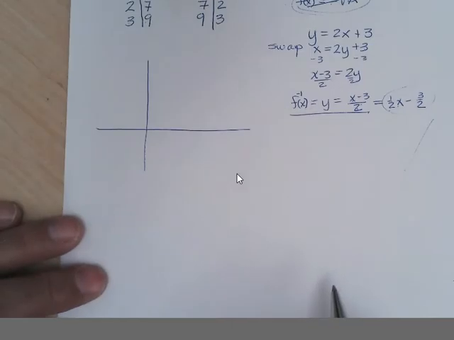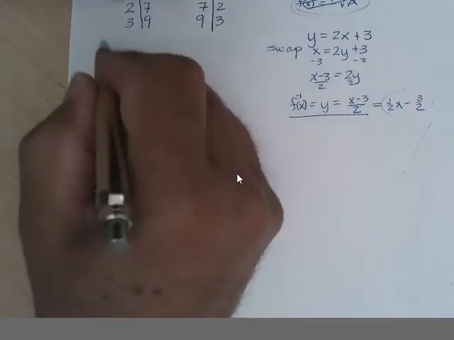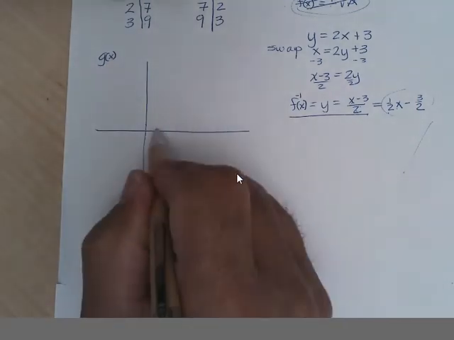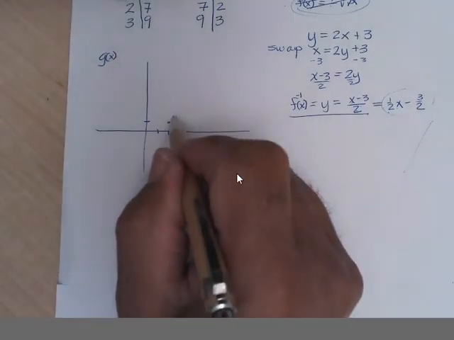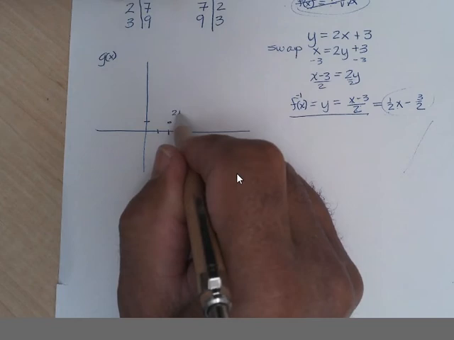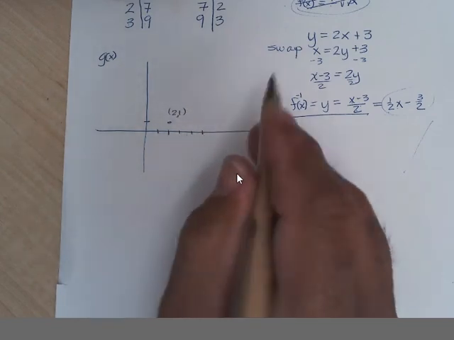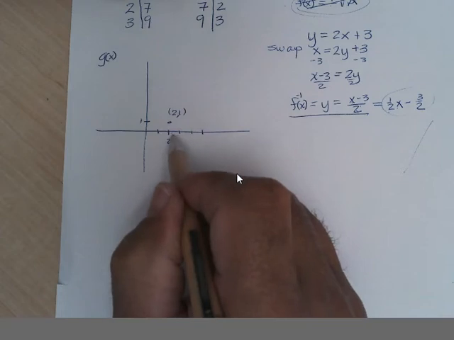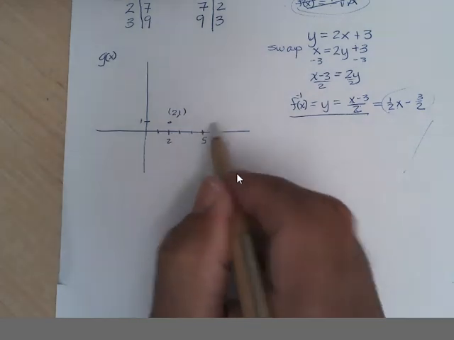Let's say on my graph, not related to this, this is g of x and it's just a graph of it. Let's say there's a point at 2, 1, and it's connected to the point 5, 0.